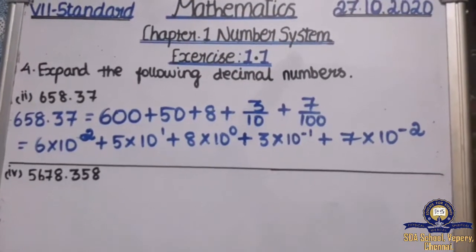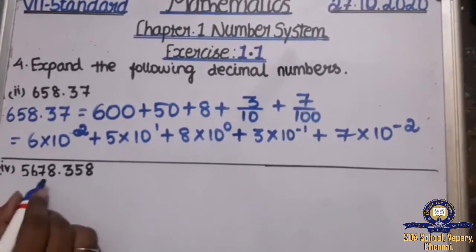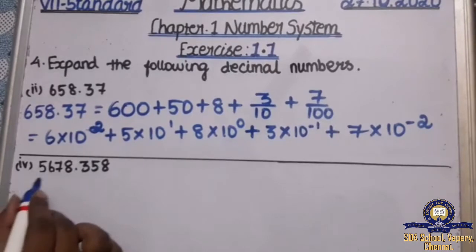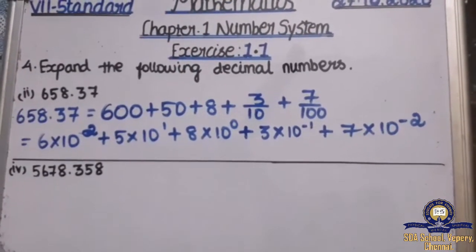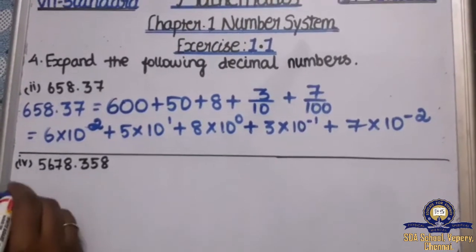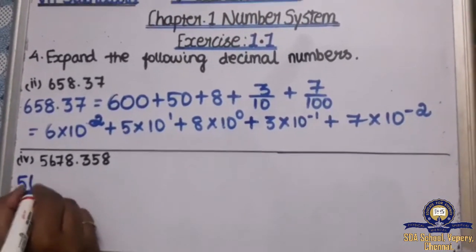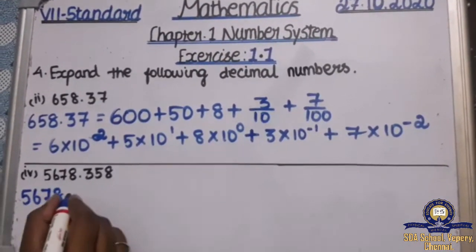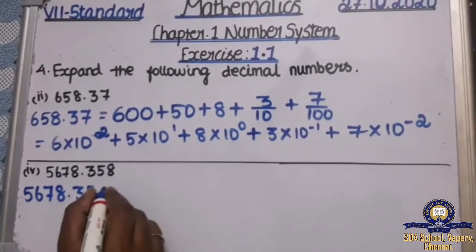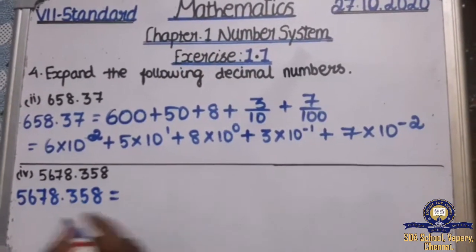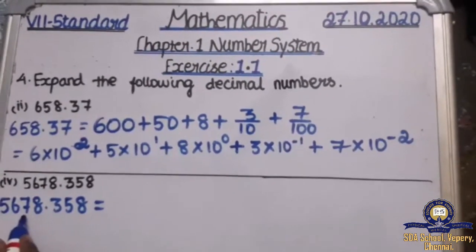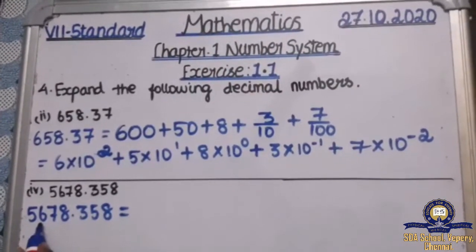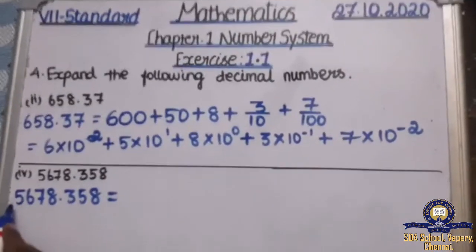Now we move on to our next problem. Here 5678.358 is the decimal number. We need to expand the following. 5678.358 we can expand as 8 is in the 1's place, 7 is in the 10's place, 6 is in the 100's place, 5 is in the 1000's place.